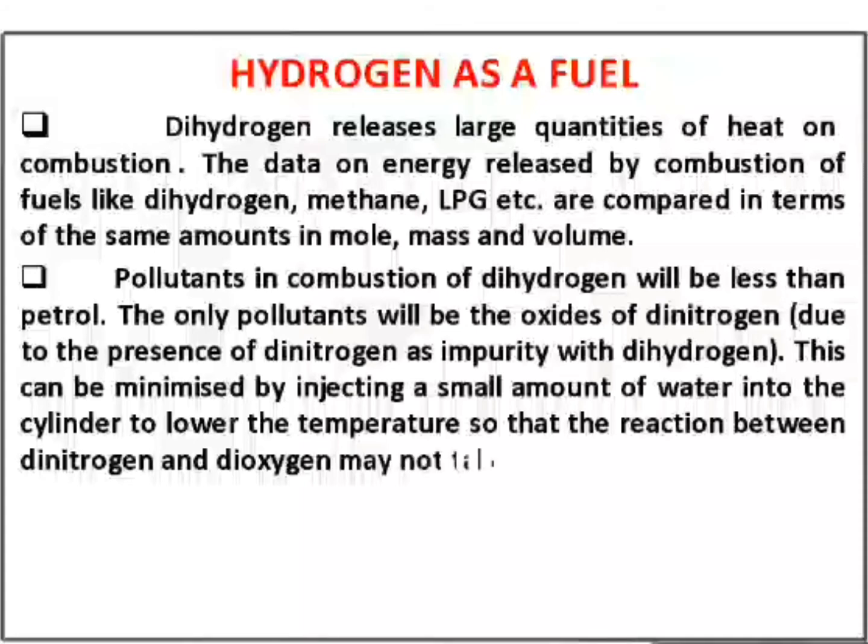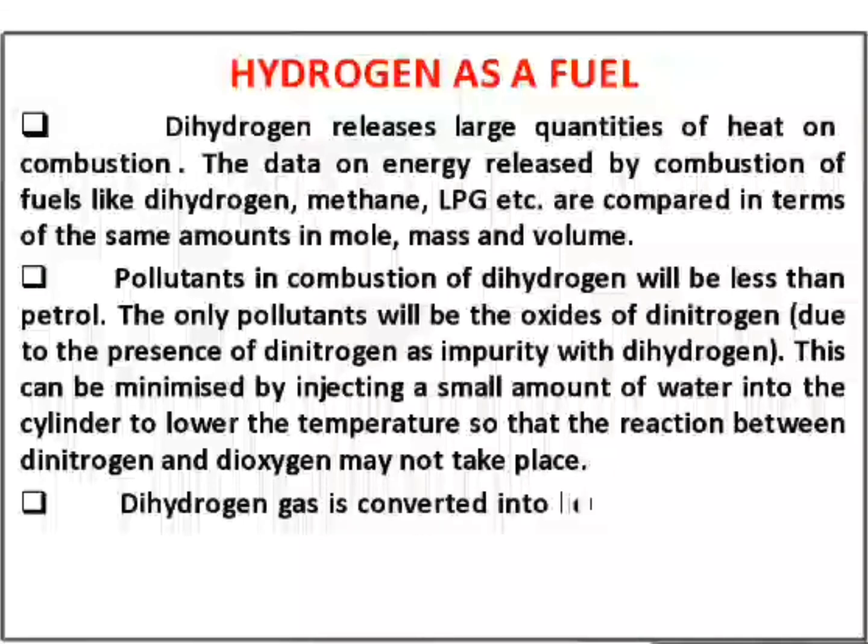This is the only pollutant of dihydrogen, and the rest of the fuels produce a maximum number of pollutants. But we have a solution. What is the solution? We can minimize this pollution by injecting a small amount of water into the cylinder to lower the temperature, so that the reaction between dinitrogen and dioxygen may not take place.